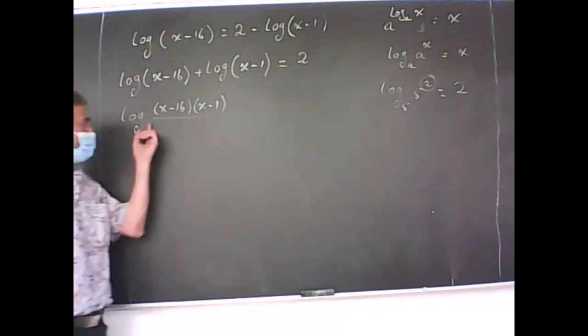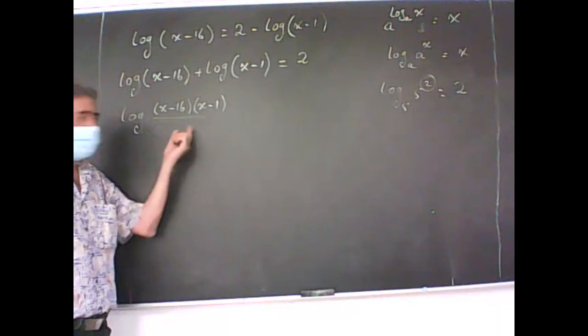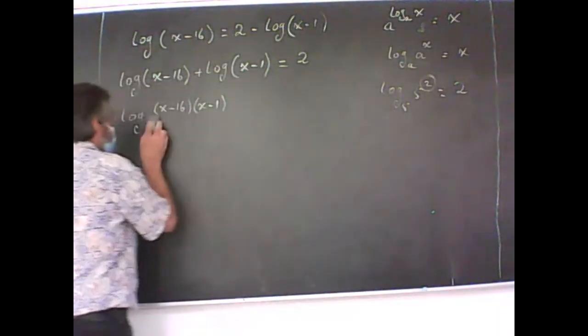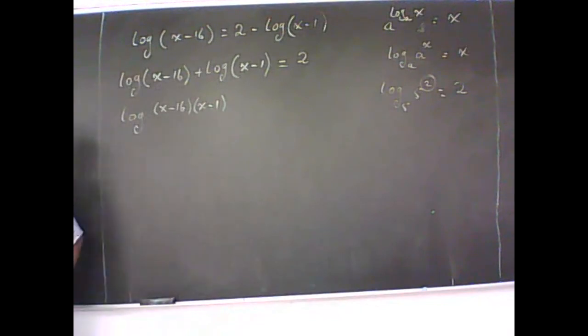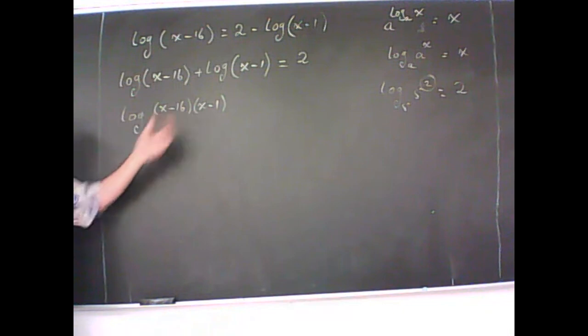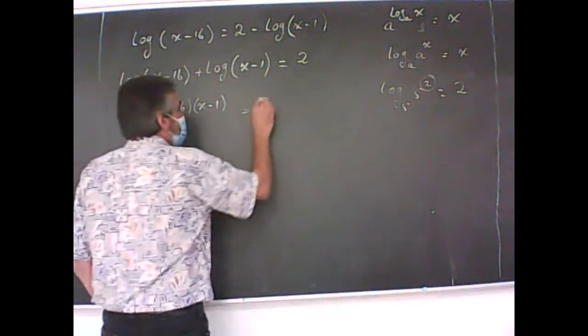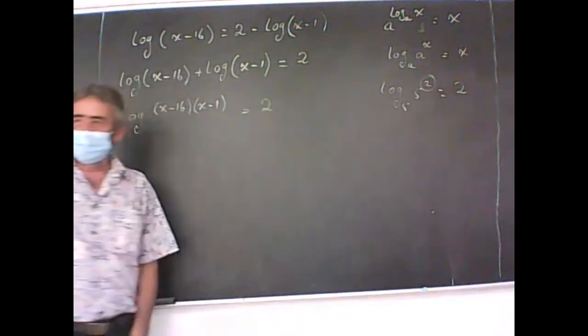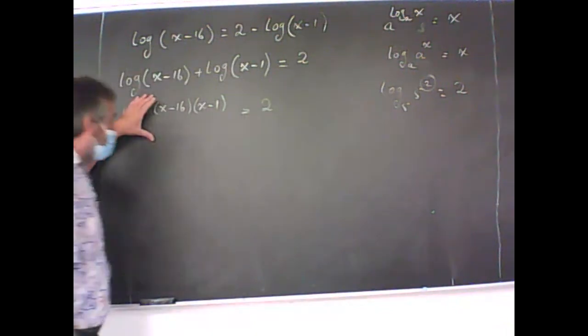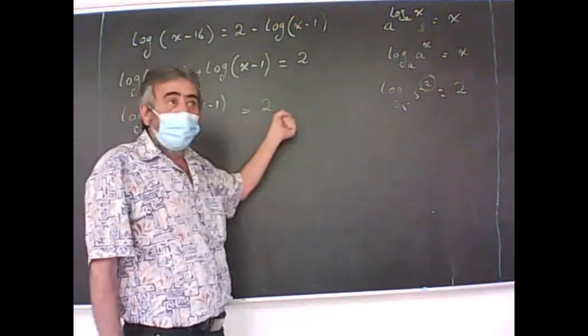Yeah? Did I need the fraction bar? No, I didn't put anything on the bottom. So we use the product rules. Equal. Now we have one log equal a number.